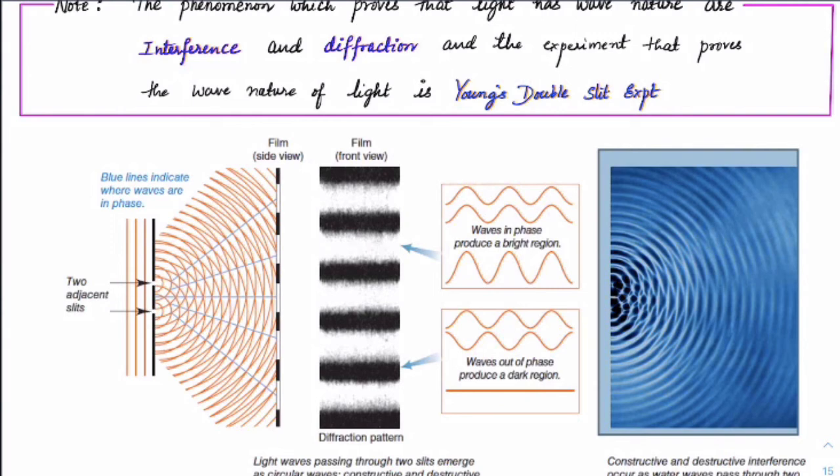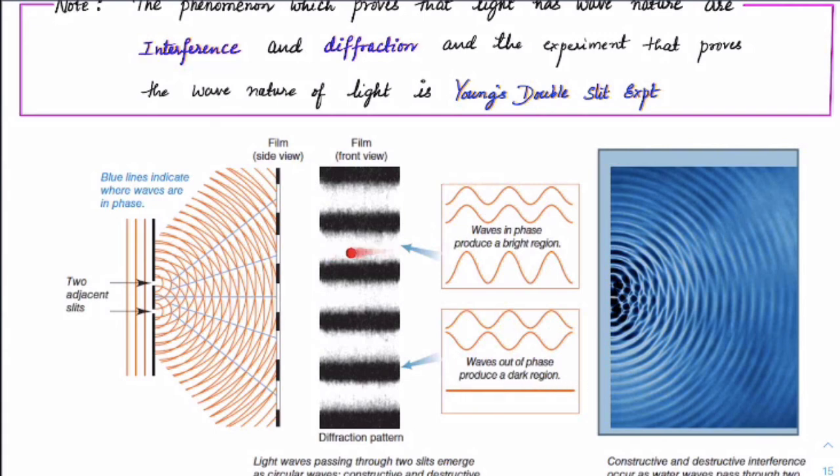The light from this side and this side, these are called wave fronts, they will meet each other and make interference, which means they will either add up or get subtracted. If both waves are like this, they add up and the amplitude increases. If one wave is going this way and the other is coming this way, they subtract from each other.